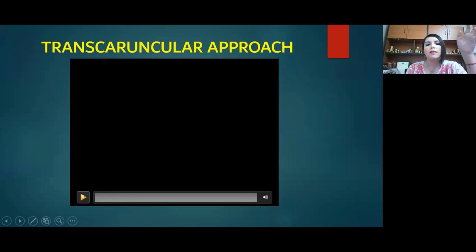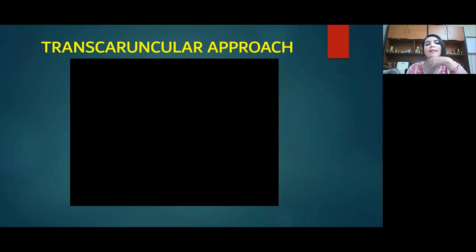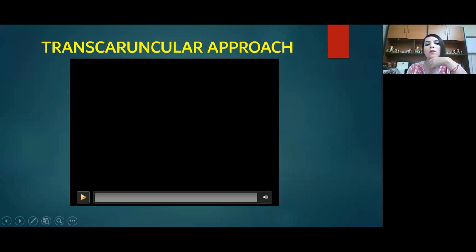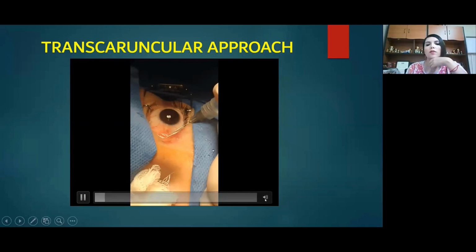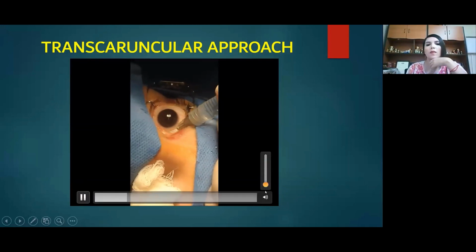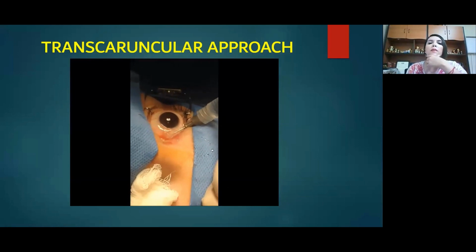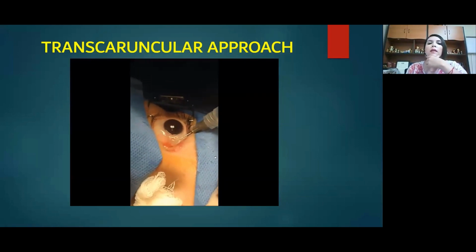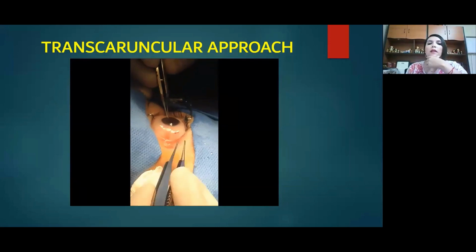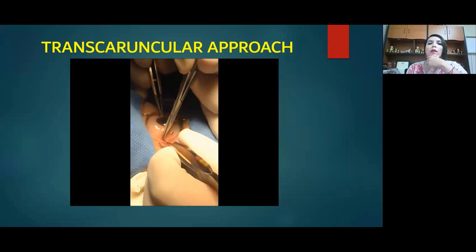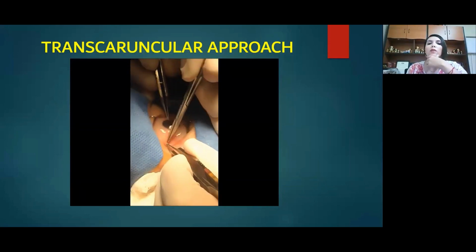And finally, the transcaruncular approach for masses that are in the medial wall. Sorry for the audio. Here we are putting some epinephrine in the conjunctiva. After that, very carefully, we are going to arrive to the caruncle.